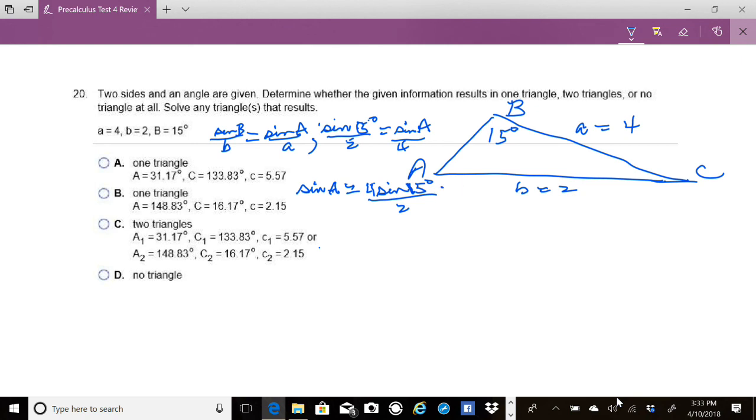And that equals 0.51763. So A is equal to inverse sine 0.51763. We're going to call this A1, and it equals 31.17 degrees.